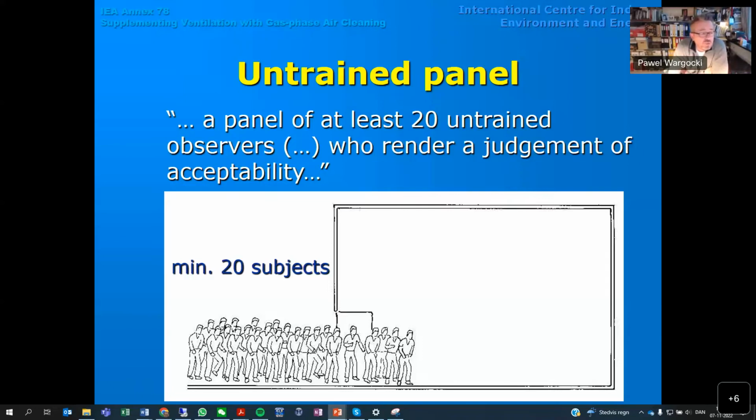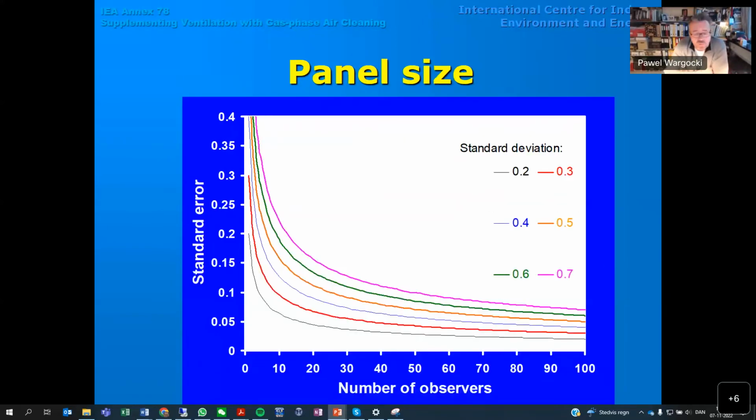Also, people who are unusually sensitive to air quality, such as people who have a certain chemical sensitivity or allergy, should not be used, nor people who have lost the sense of smell due to injury or something like that. But 20 is the size defined by the ASHRAE standard 62.1; actually, panel size can be determined by defining the standard error that we are interested in.